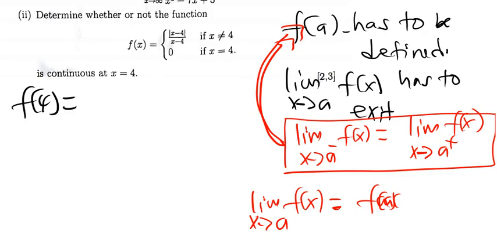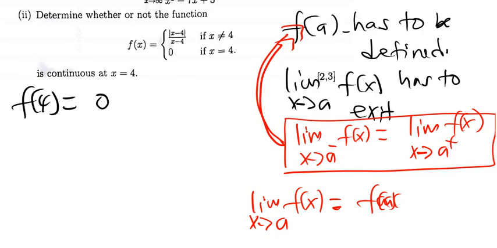Come on guys. When x is exactly equal to 4, what is the value of y? 0. I'll put 0 here. The moment I put 0, that is the answer. That is defined. Yes, it is defined. Now listen.